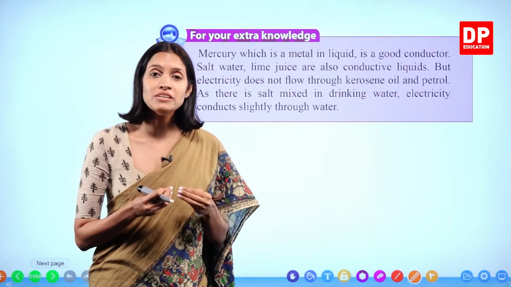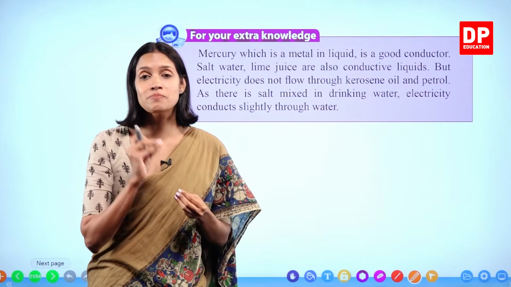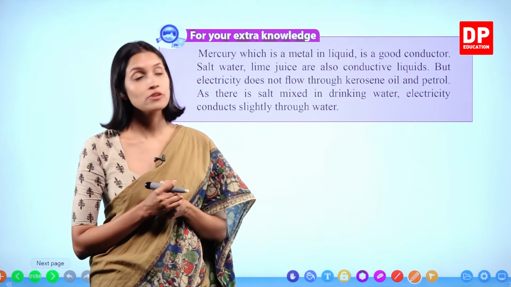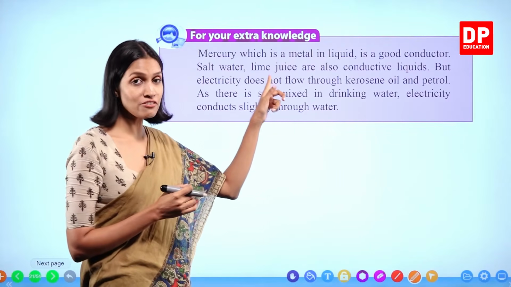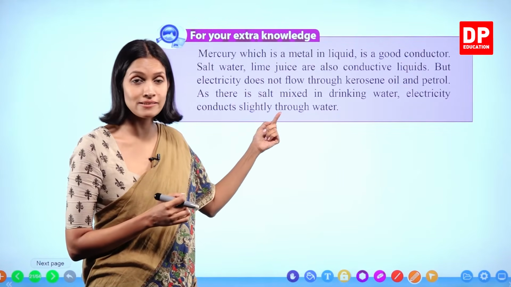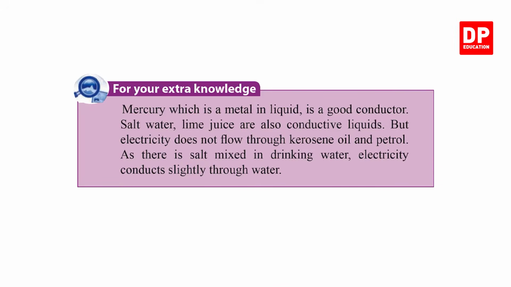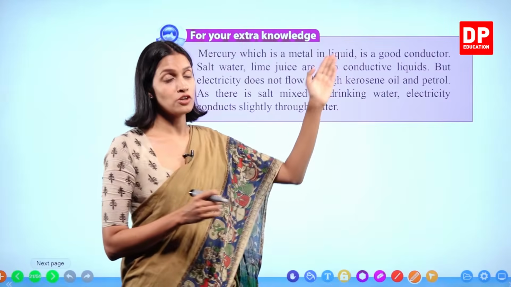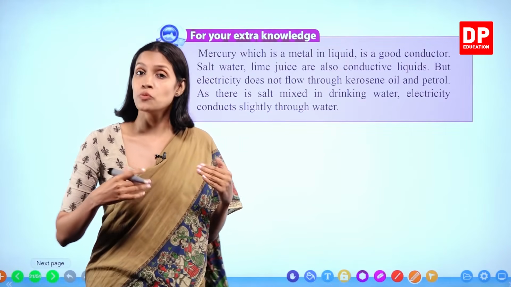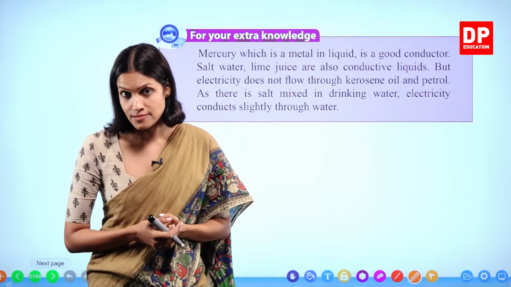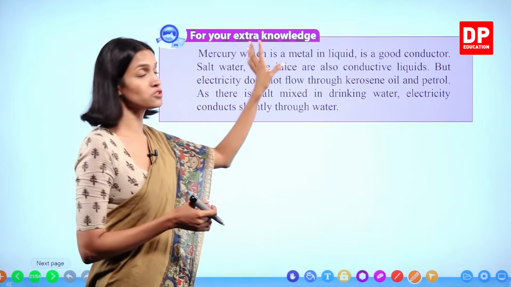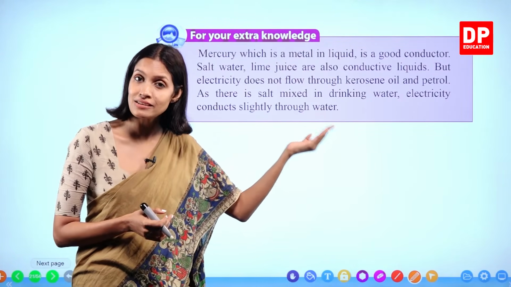The bulb thermometer has a glass bulb filled with mercury, okay? So mercury is a liquid, and at the same time it's a metal. Mercury is a metal in liquid state. It is a good conductor. Do you remember I told you most of the metals are good conductors? So mercury is also a very good conductor, but it is in liquid state.